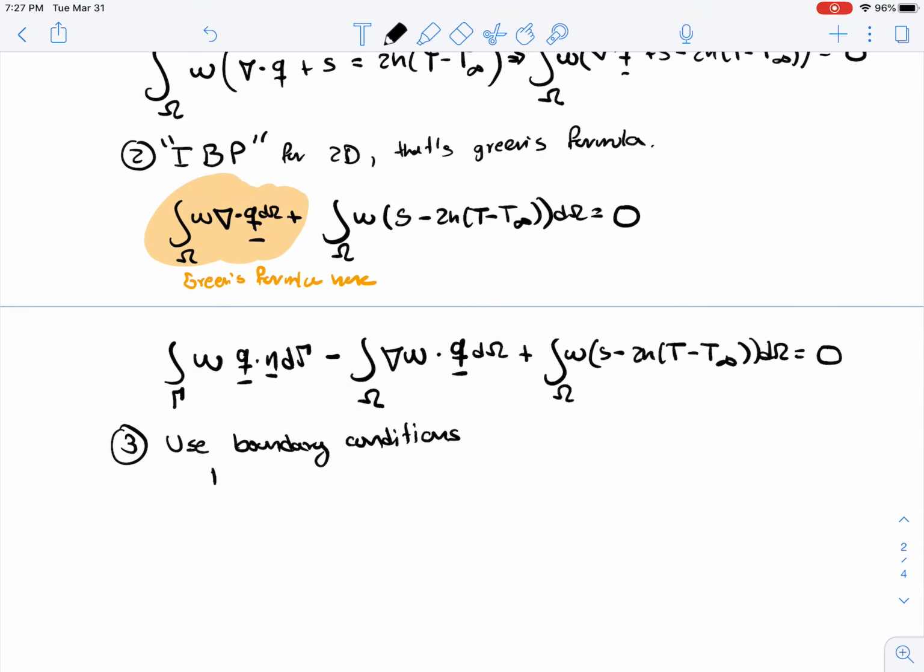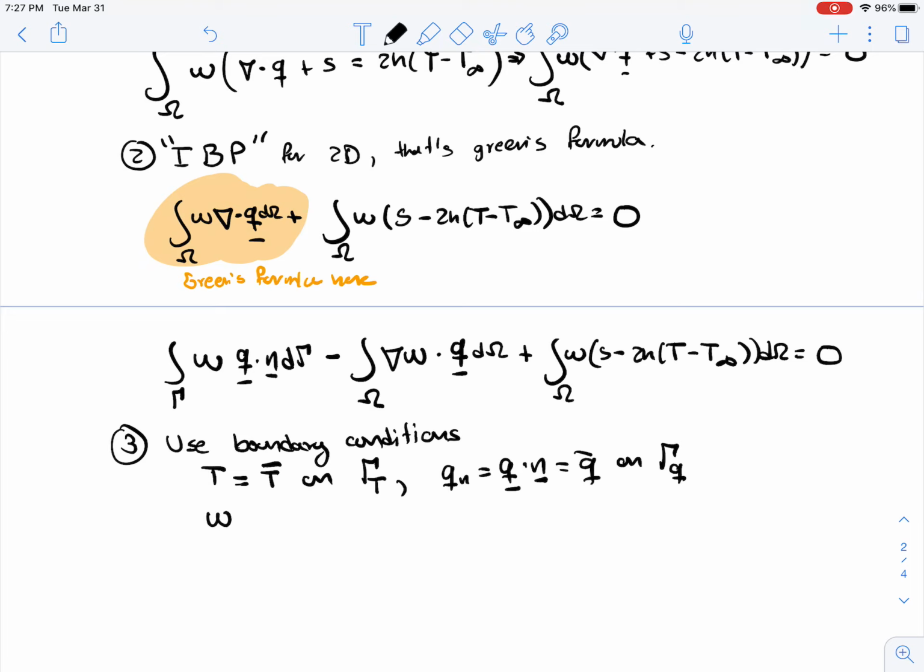And then similar to the 1D case, for the boundary conditions, T equals T bar on Gamma T. That's what we know. We know Qn, that is the normal component of the flux, equals some value q bar on Gamma q.